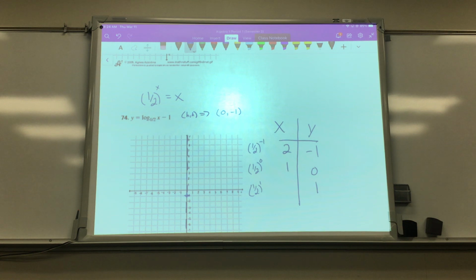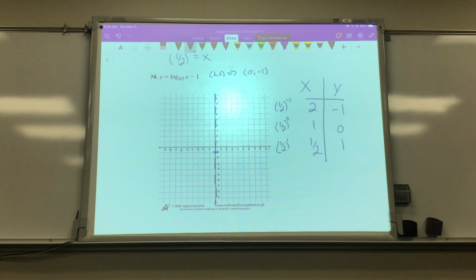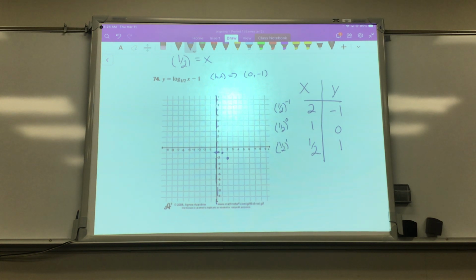That's still going to be 1. And this one's 1/2. So when that is a fraction, you got to think about those reciprocals. So write 2 down 1. Write 1. Write 1/2. Up 1.